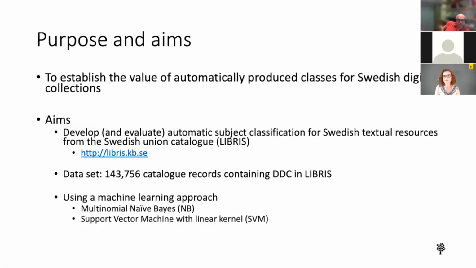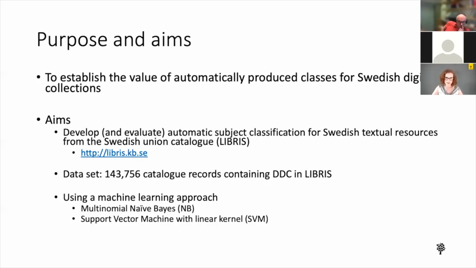As we have seen, and we will show in a moment, many of them lack any subject access. Specifically, we aimed to develop and evaluate an approach to automatic subject classification for Swedish textual resources based on the Swedish Union catalog. The data set included over 140,000 catalog records that all contained DDC at the time.